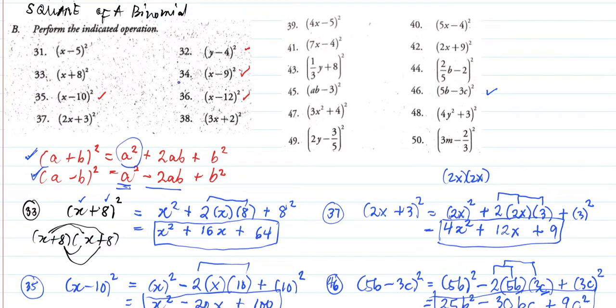Work on, sige, 32, 34, 36, 38, 41, 42, and then 45, 47. Nagawa na pala natin yung 37. Lahat lang na may bilog for the second part, that is squaring a binomial.